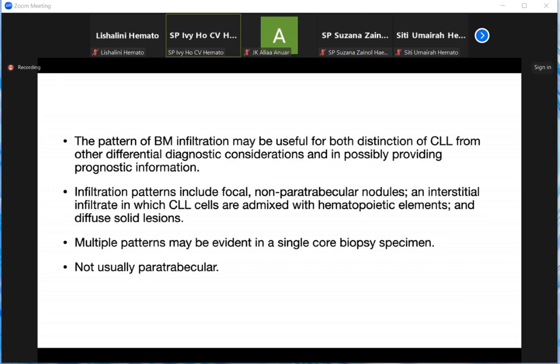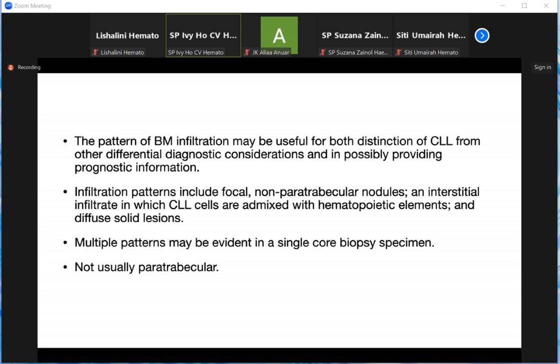The pattern of bone marrow infiltration may be useful to help us distinguish CLL from other types of lymphoma. Infiltration patterns can be focal, but bear in mind they are always non-paratrabecular nodules. Or they can involve the marrow spaces interstitially, and tend to mix with the surrounding normal hematopoietic elements.